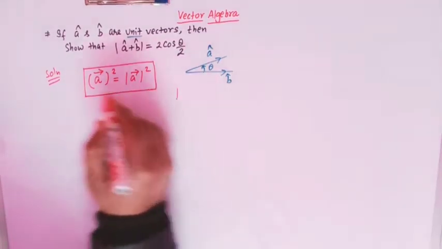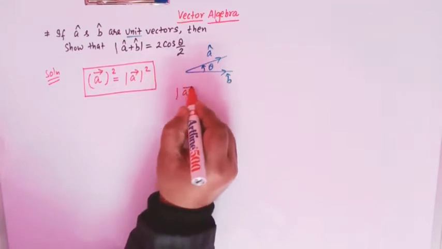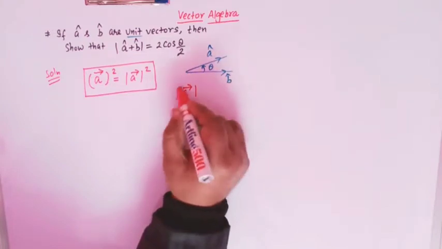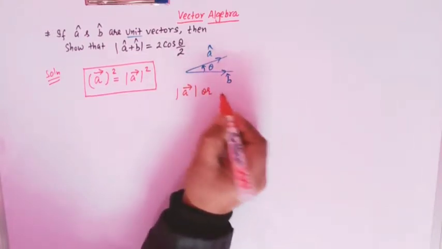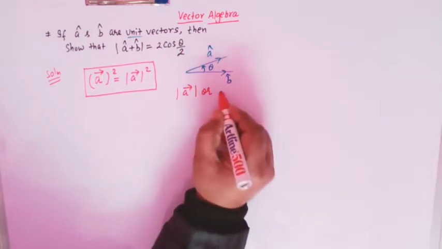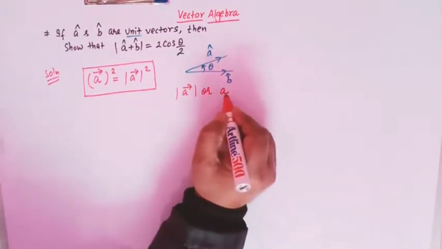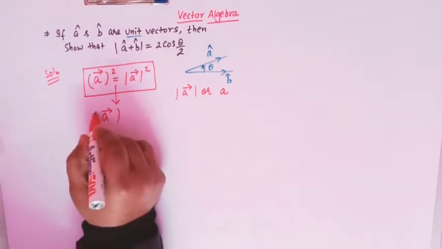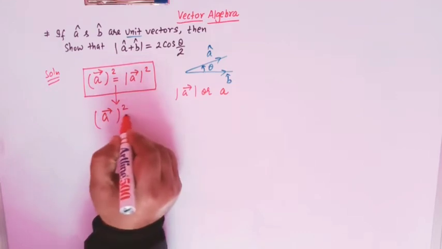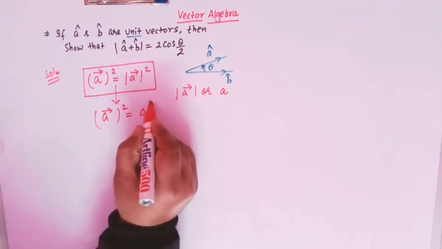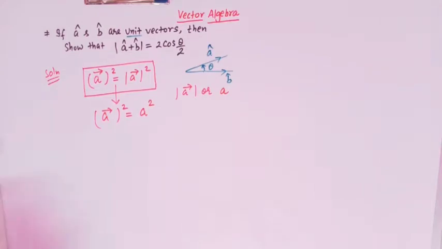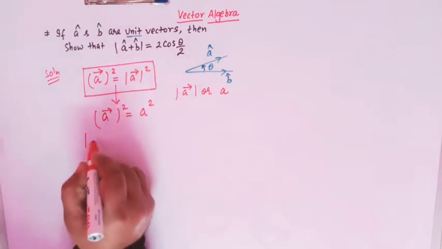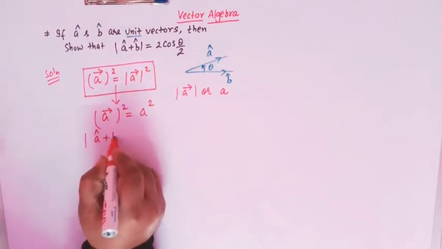If we take any vector a, then the magnitude of vector a is denoted by this symbol. Sometimes we also write the magnitude by simply writing a. So we can also write this result as: the square of the vector a is equal to the square of its magnitude. Now we have the magnitude of a cap plus b cap.